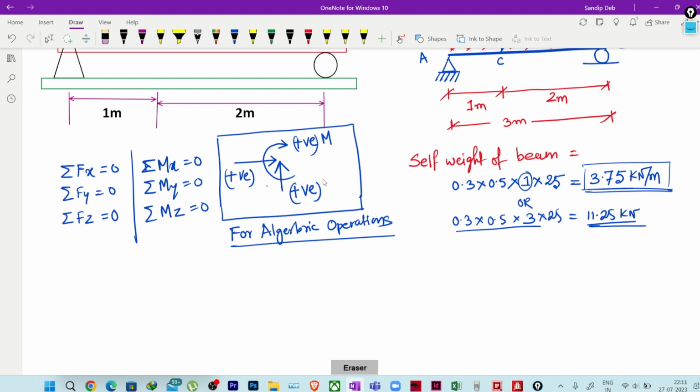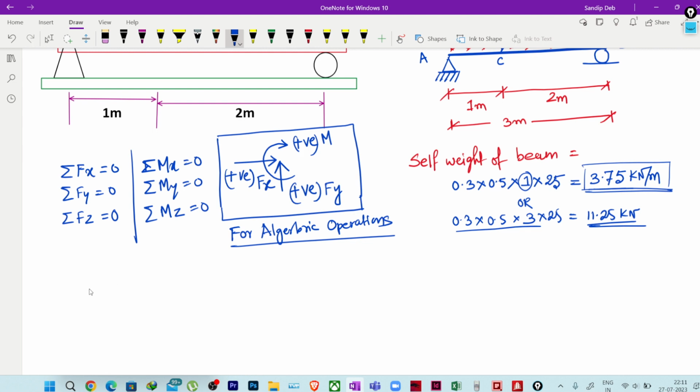So rather than writing y, it should be Fy, and this should be Fx, and this one should be M, my moment. Correct? One more thing that we need to understand is the direction of the moments.